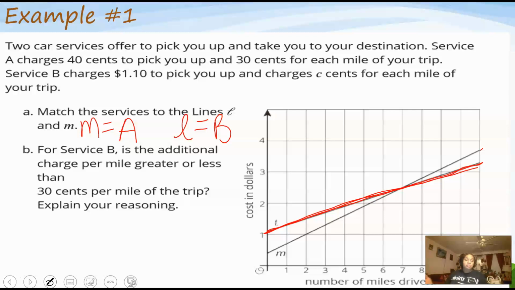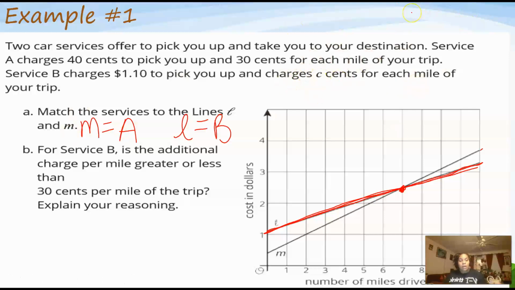If you travel more than 7 miles, it is a better price than company A. But if you travel less than 7 miles, then it is more price than company A.